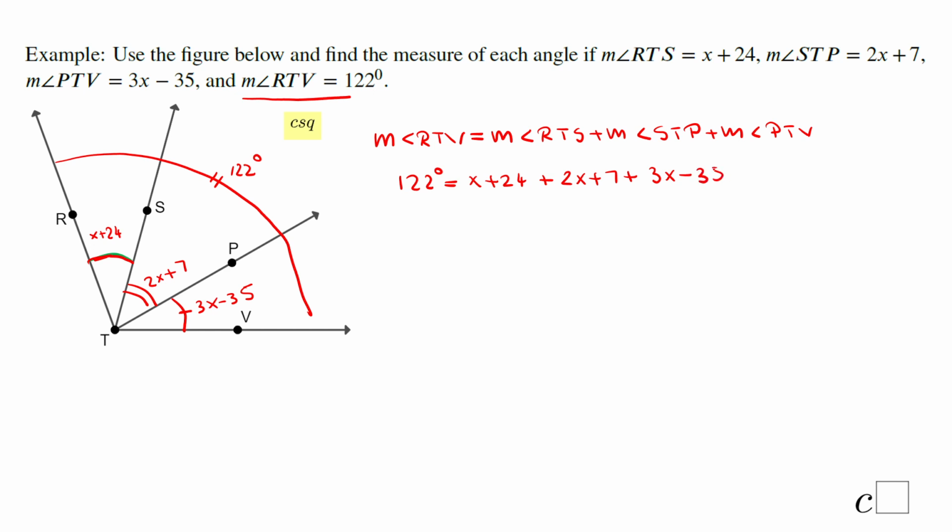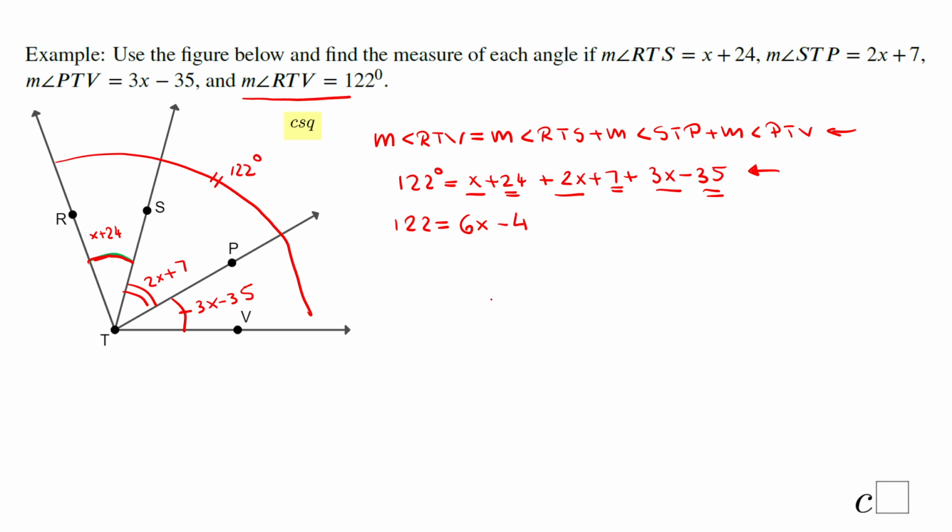Okay, so that was the geometry. Now let's take a look at how we handle this algebra. 122 on the left side stays like that, at least at this moment. Let's combine the x's: x, 2x and 3x, that will be 6x, right? Then we have positive 24 plus 7, that is positive 31, minus 35, that will be minus 4.